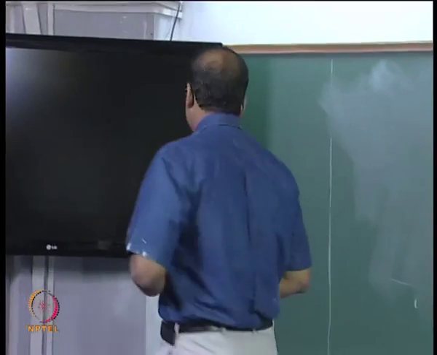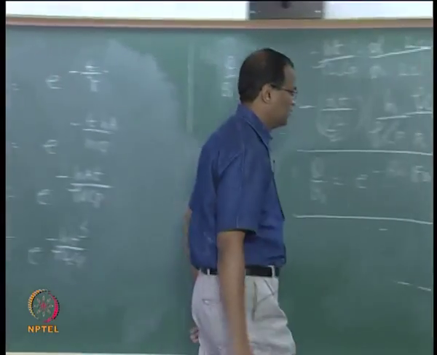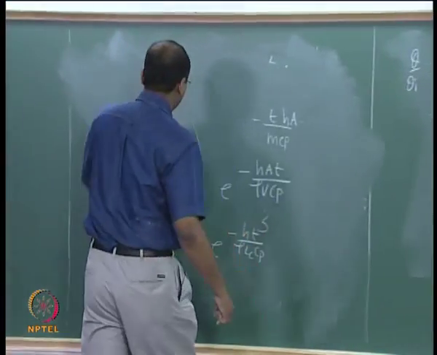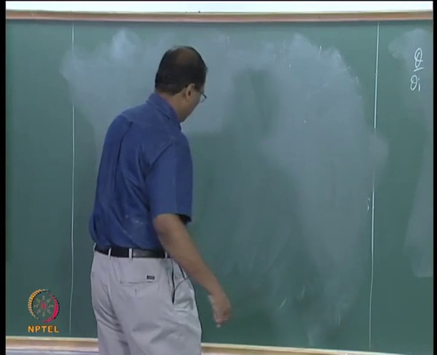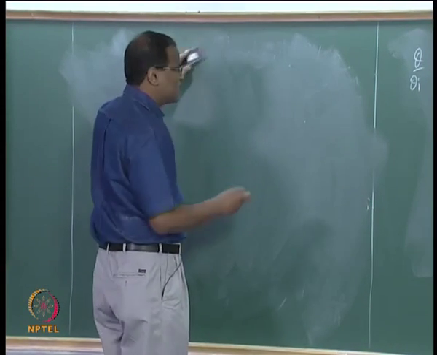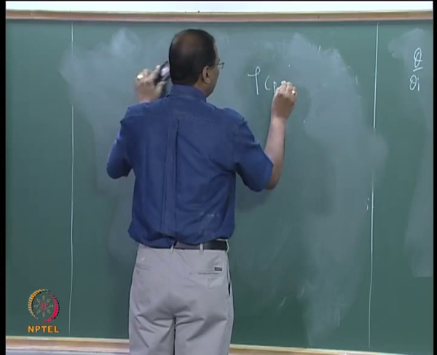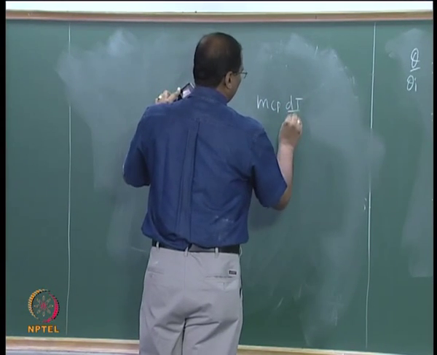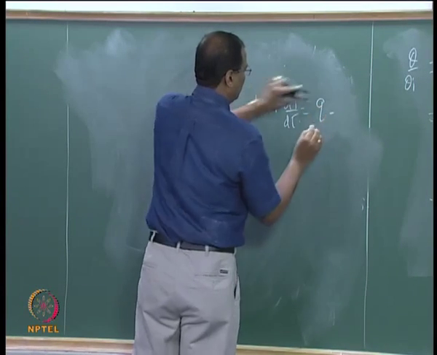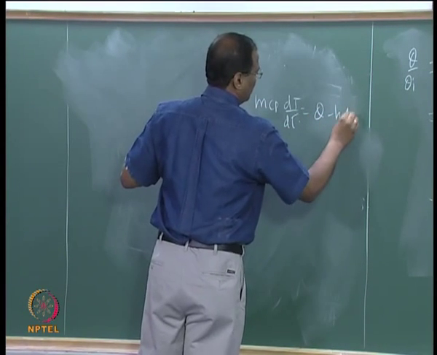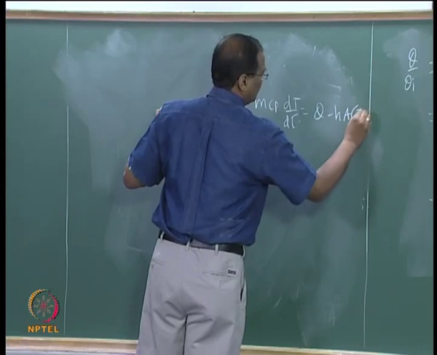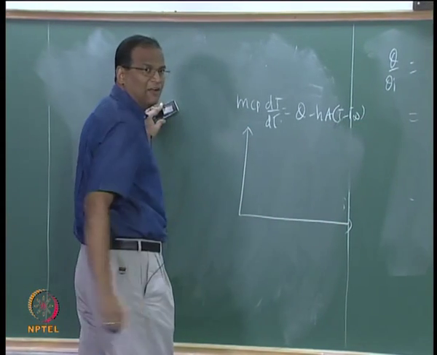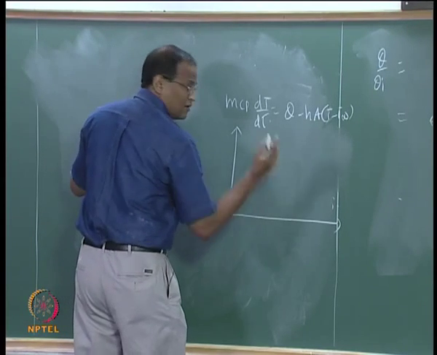Okay. Now the last part is we look at the Laplace equation. So if I have a lump capacitance with heat generation, that is I have a dipper heater, an immersion heater.